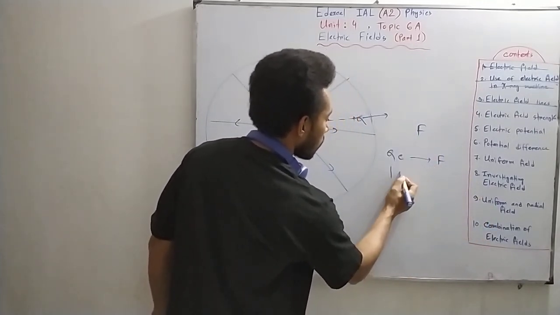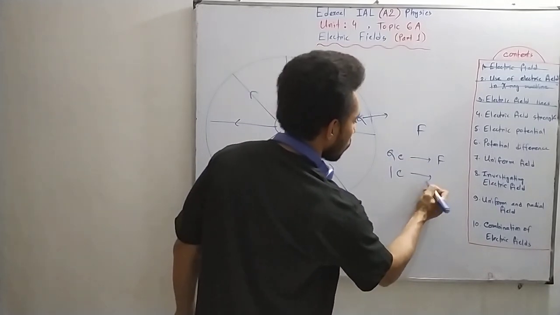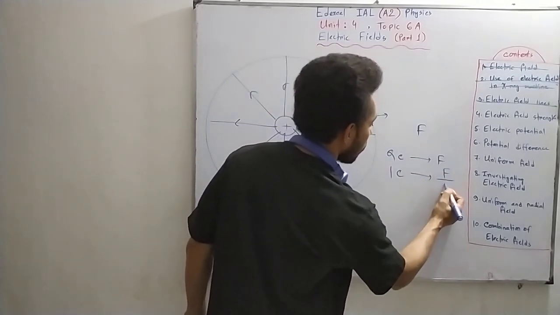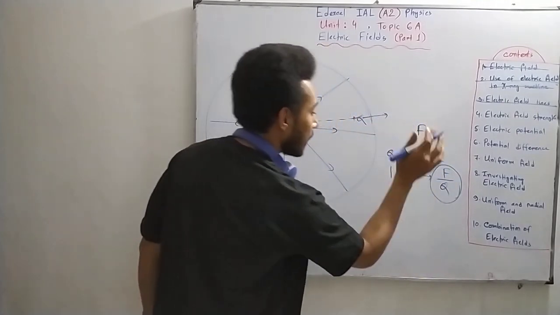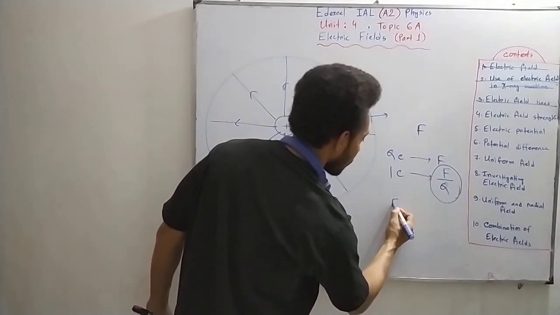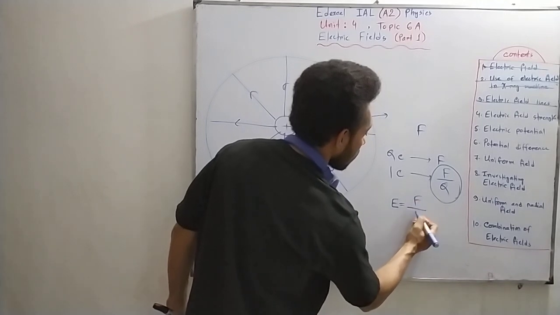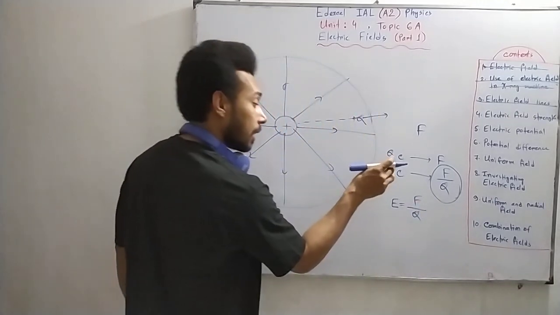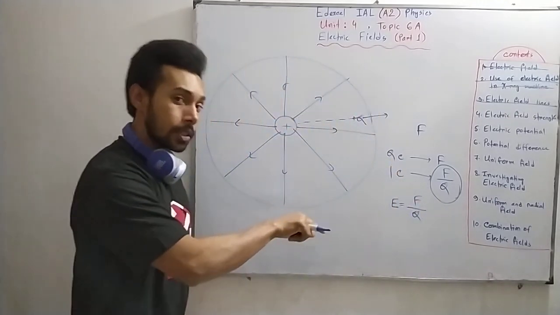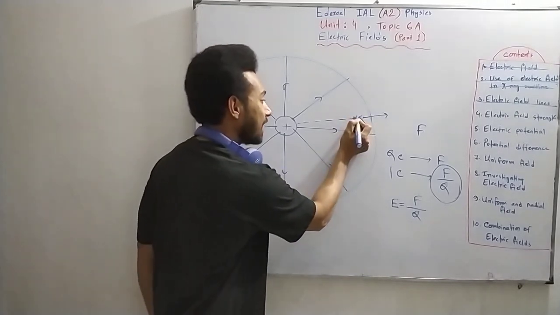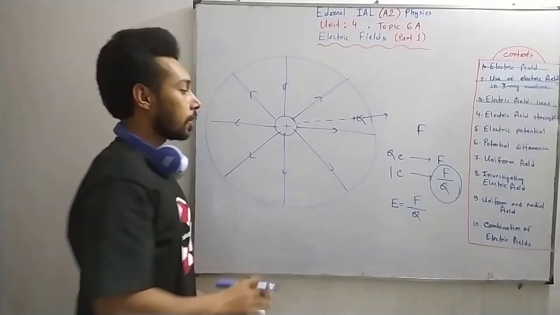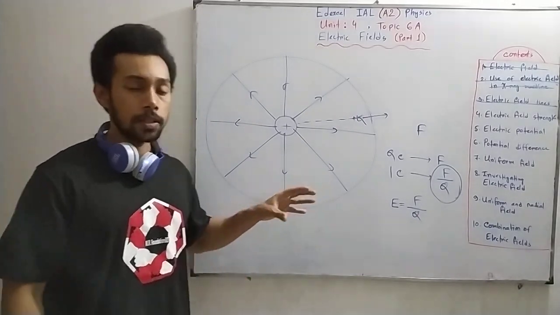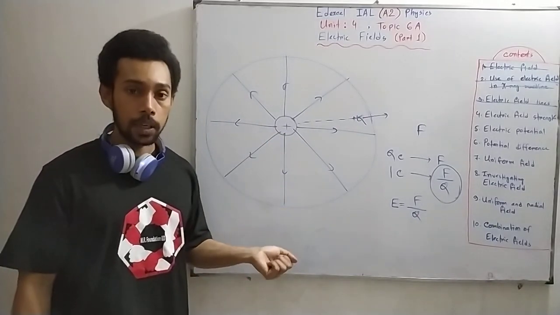Then unit coulomb charge will experience a force of F by Q, and by definition this is the electric field strength E, F by Q, the electric field strength at this particular point. Remember, electric field strength is not constant for all types of electric field.